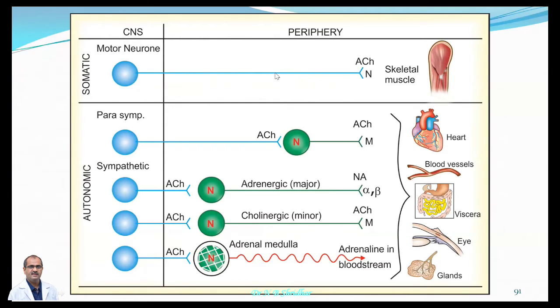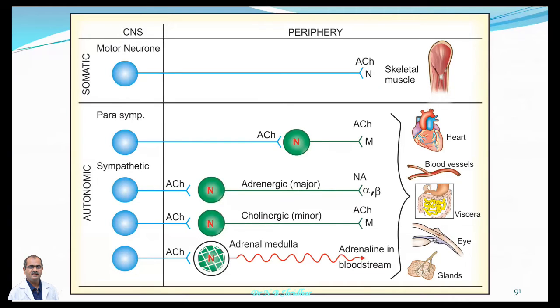There is no synapse, junction or ganglia; it directly innervates the skeletal muscles at the motor end plate, and the receptor subtype is acetylcholine, with NN and NM type receptors.